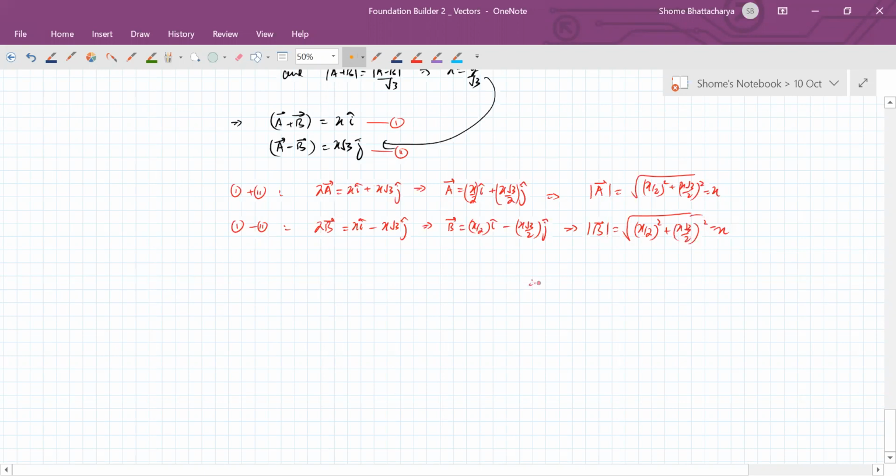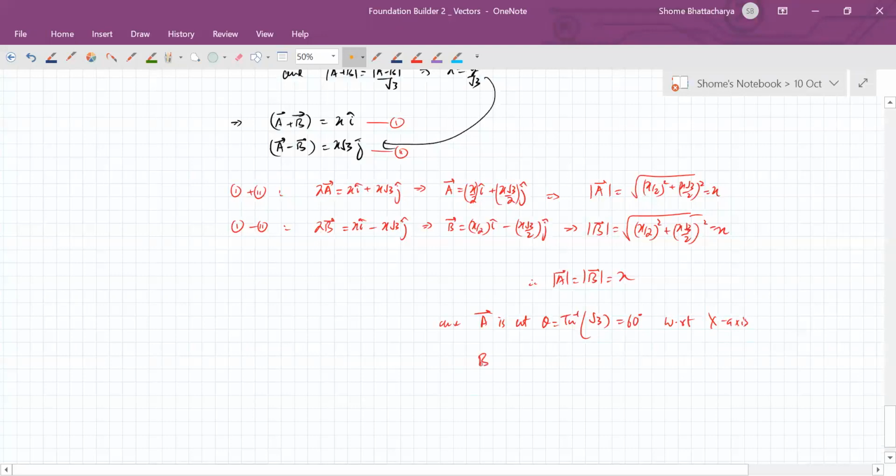Okay. So therefore mod A is equal to mod B, equal to whatever that x is. And also you can see that the vector A is at theta equal to tan inverse root 3, that is 60 degrees with respect to x axis.